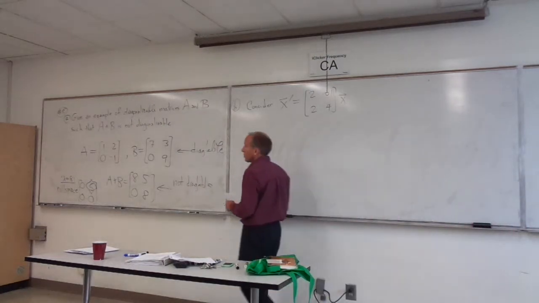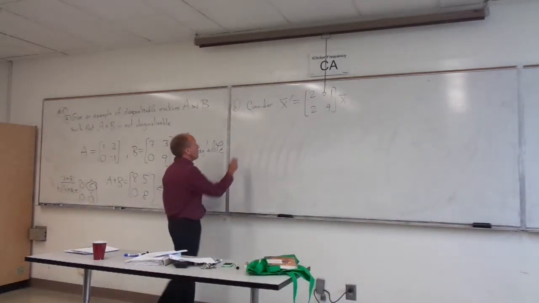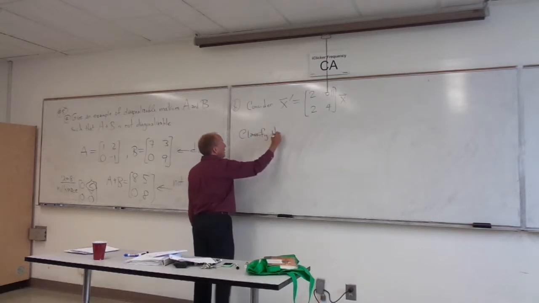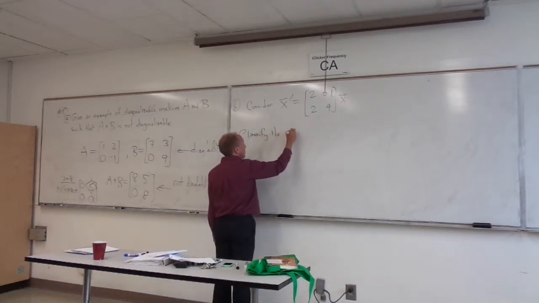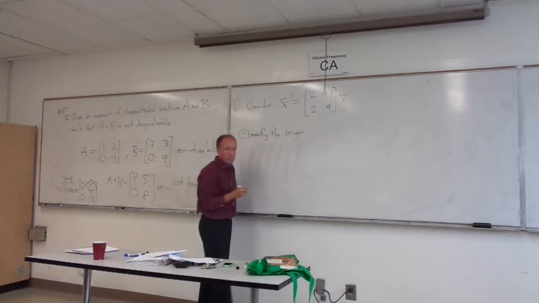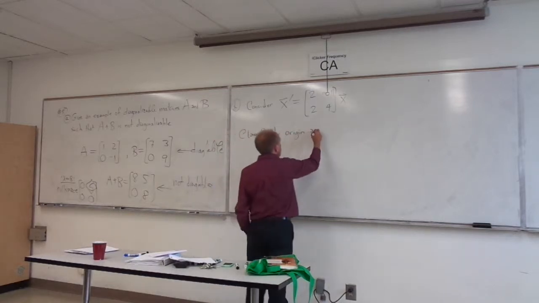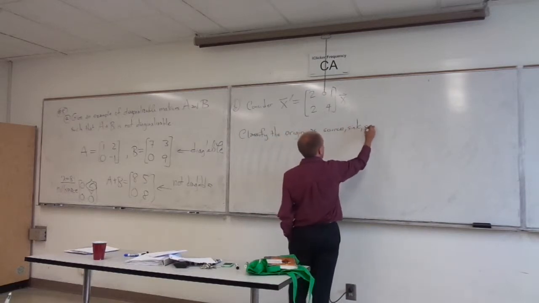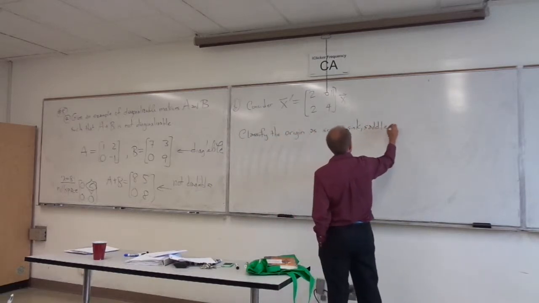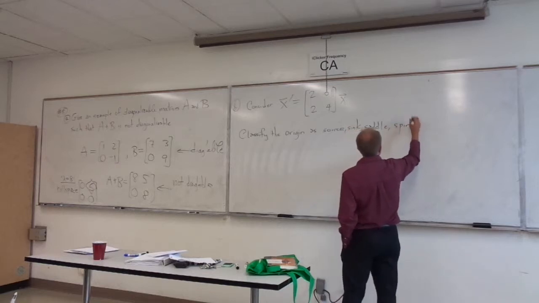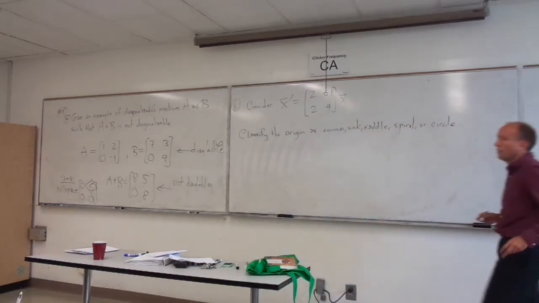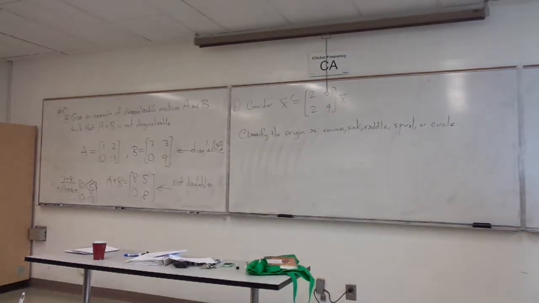Okay, and then here's what I want you to do: classify the origin as a source, a sink, a saddle, a spiral, or a circle. So these are the different options of what this could be.